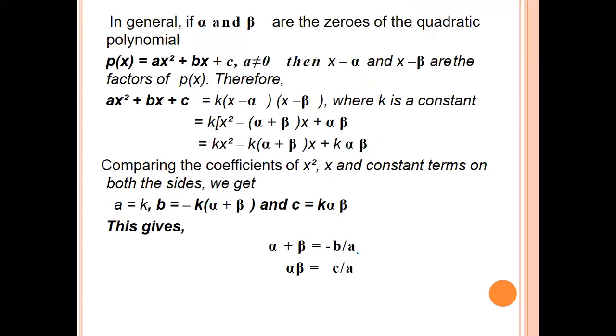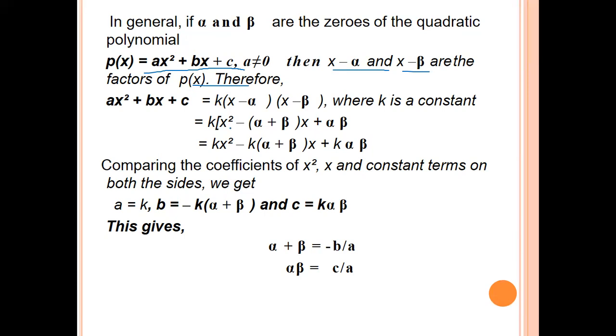In general, if α and β are the zeros of the quadratic polynomial p(x) = ax² + bx + c, then (x − α) and (x − β) are the factors of p(x). Therefore, we write p(x) = k(x − α)(x − β), where k is a constant.